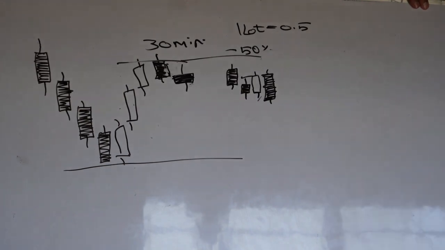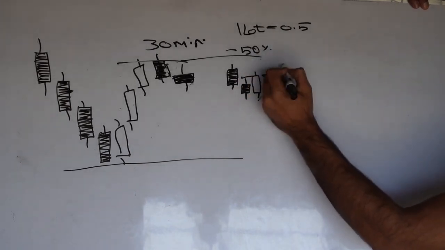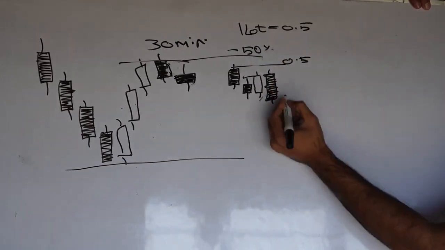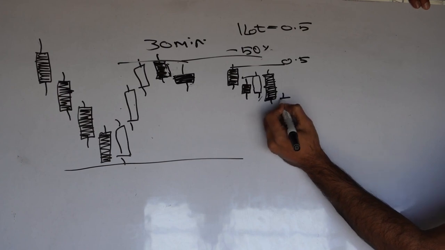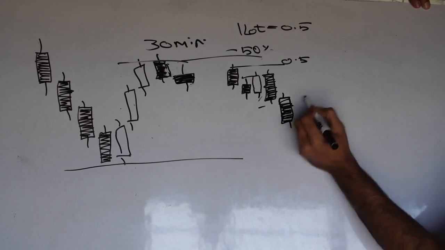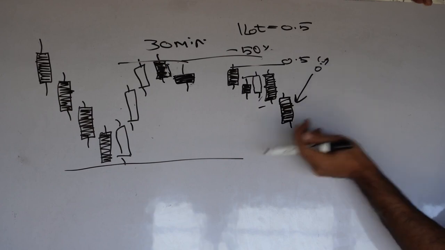So when we're moving down in the scenario, now you can look around and say, okay, hey, wait a minute. I still have, let's say, a 0.5 lot running, and if the next 15-minute candle breaks the low of the previous one, maybe I can add the risk that I closed. So in this case here, you can add your 0.5 lot back.